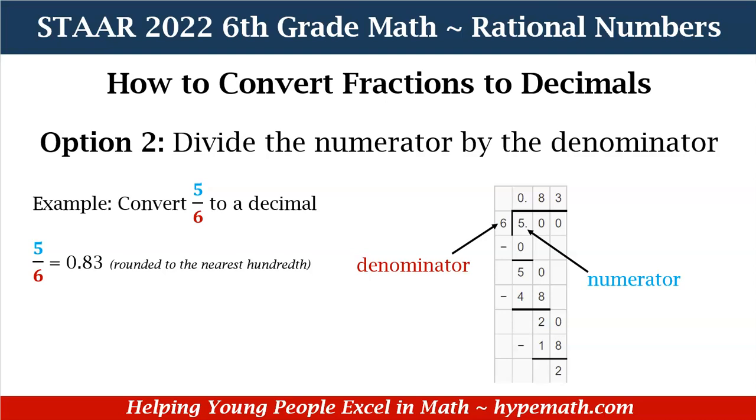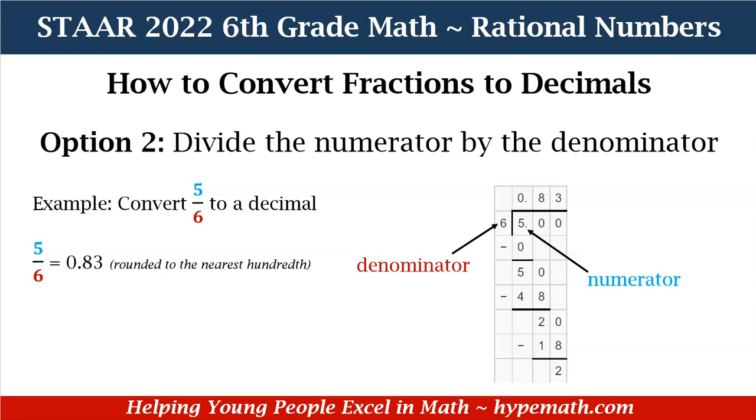Remember, when you're dividing, 6th graders, the 6 goes outside the house and the numerator goes on the inside of the house. Since 6 cannot go into 5, we need to put a decimal point right after the 5, but make sure you put it on top of the house as well, as the example shows.